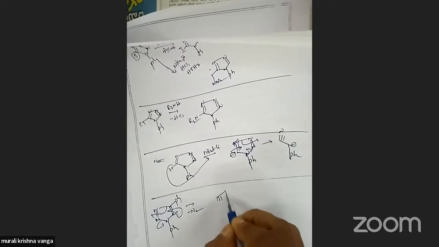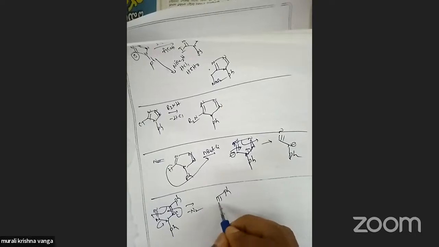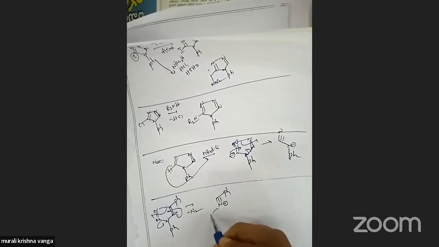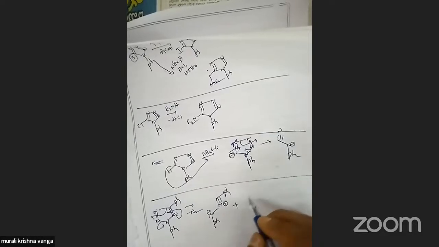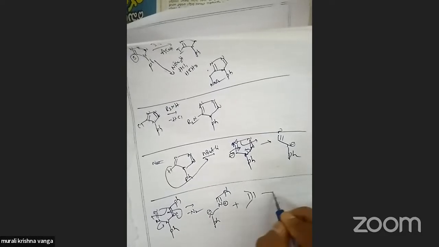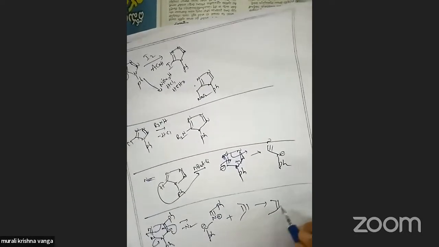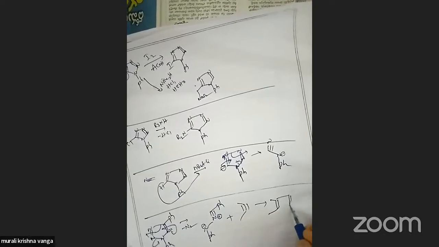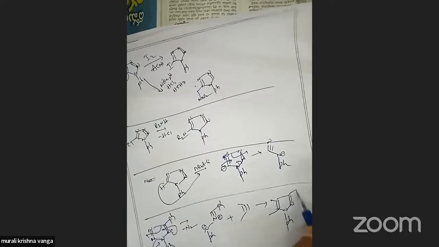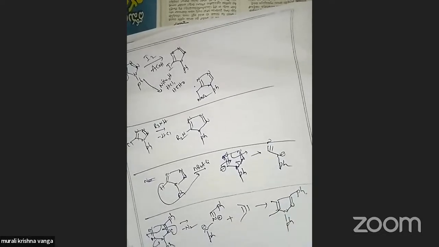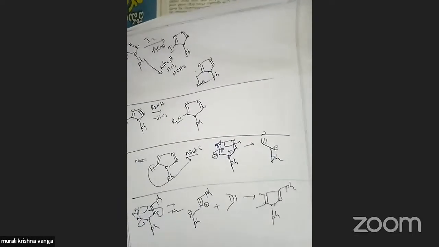The product is phenyl, N positive charge, here N negative charge, and here phenyl. Now this compound reacts with the triple bond. That is a 1,3 dipolar addition reaction. Pyrrolidine is the product.